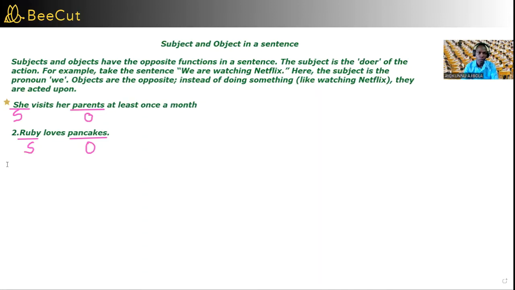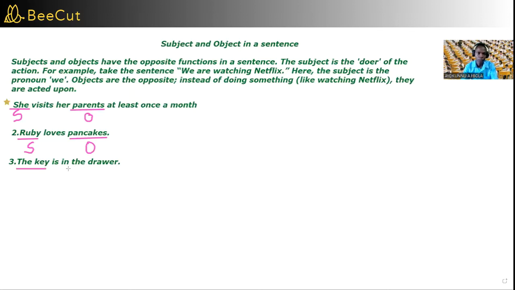What's in the drawer? The key. So the key is the subject. Since it's the key that's in the drawer, the key is the subject, while the drawer, where the key is, is the object.